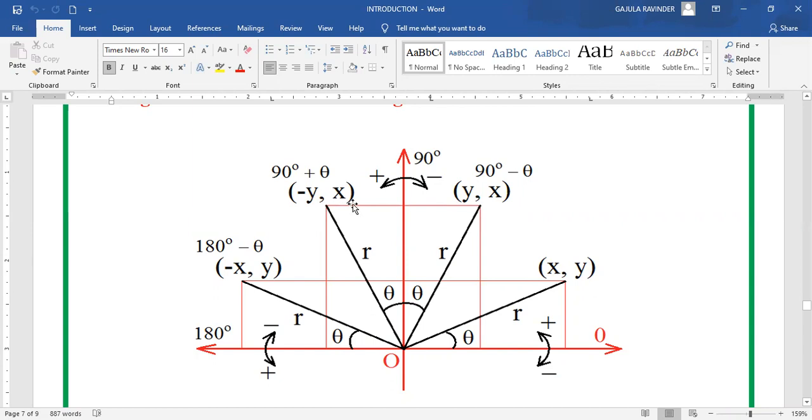The y coordinate remains the same because this segment will be horizontal, because this height will be the same as this height, because of symmetry about the y-axis. When this is theta, this is theta, so this distance will be equal to this distance, so this becomes horizontal. When this is horizontal, the y coordinate will be the same, that is x here, x here. But the x coordinate will differ by sign. When this is plus y, here the x coordinate becomes minus y.